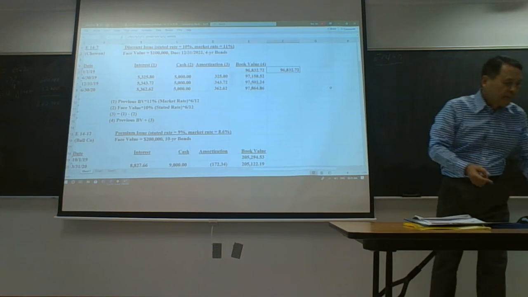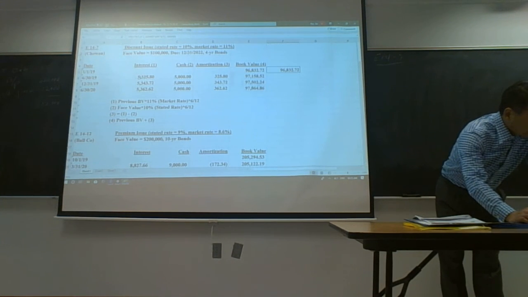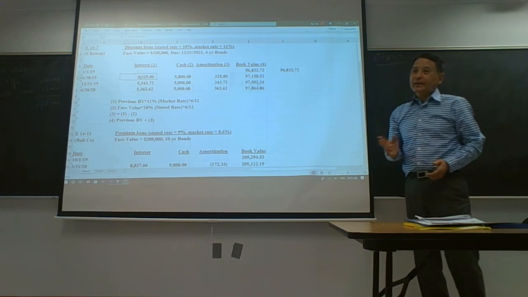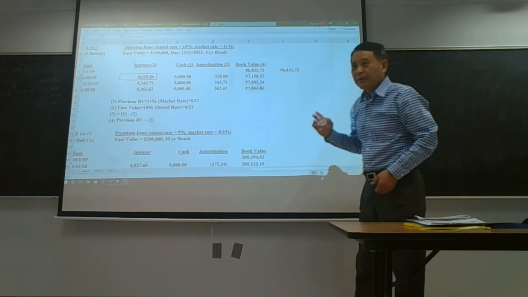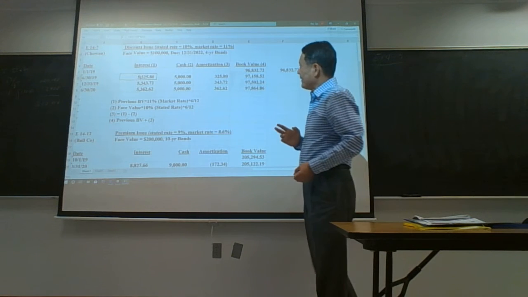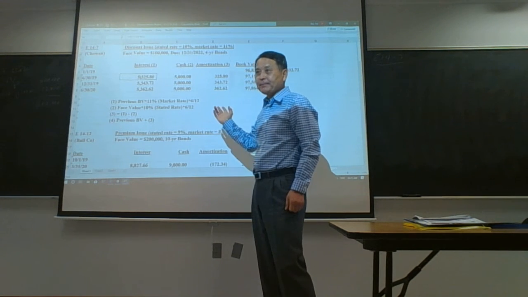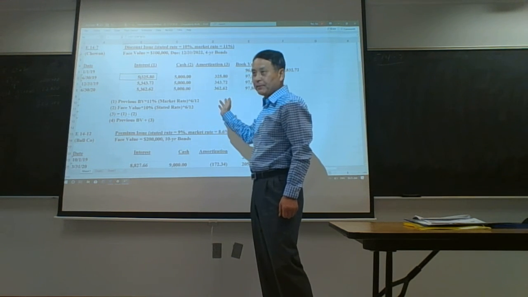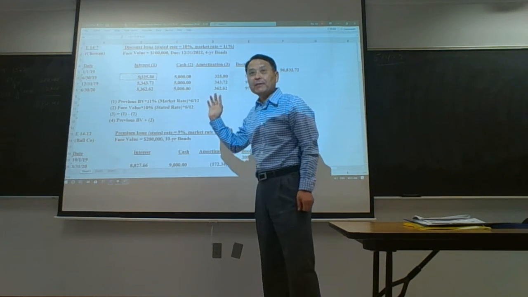All right, and then again, as I mentioned a few minutes ago, you have to set up a table like this, a 5-column table for the effective interest method.